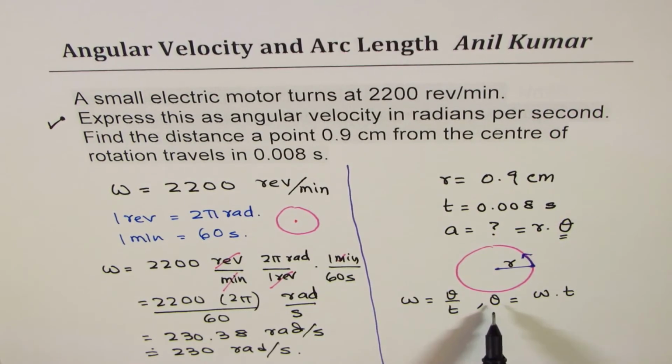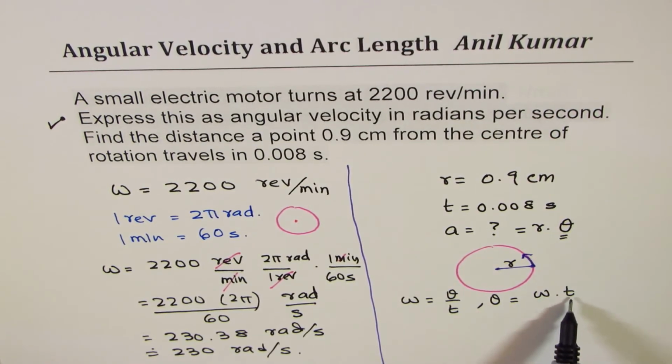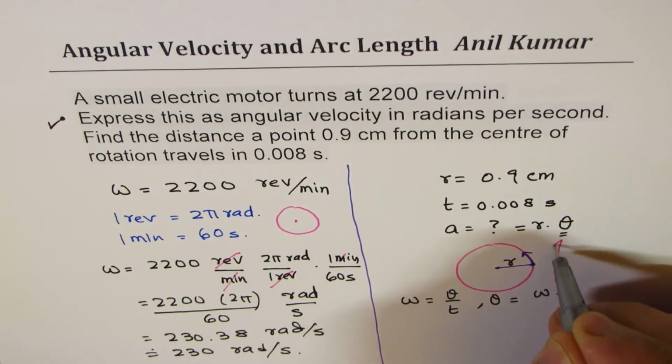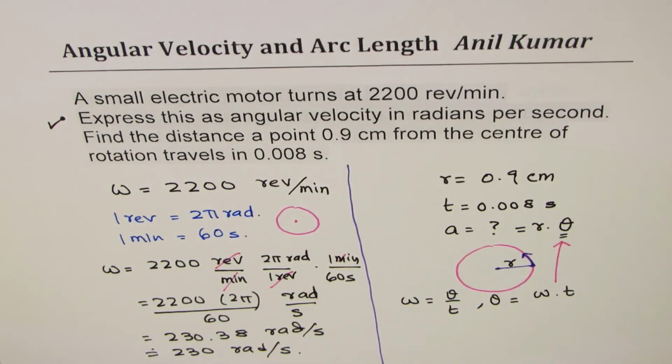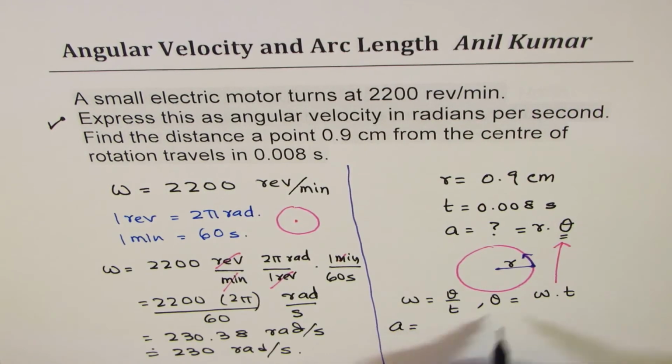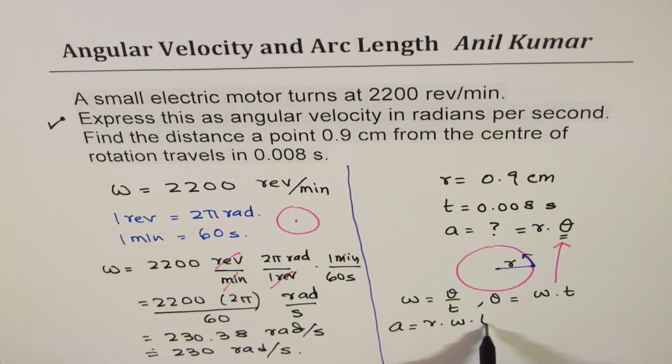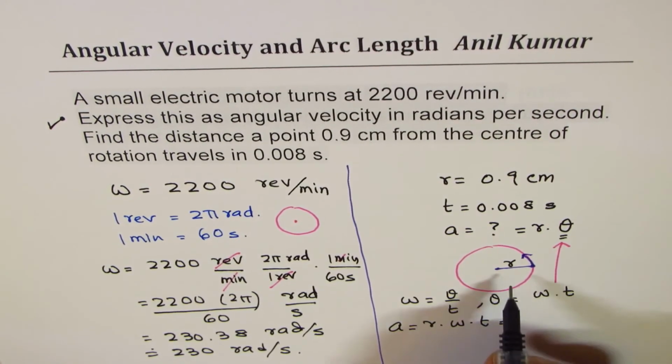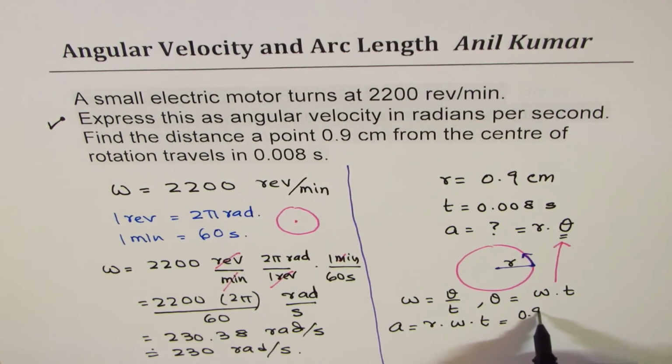Perfect. Now since theta is angular velocity times time, I can substitute it right there, correct? And so we get our new formula. A, arc length or distance moved, is r times omega t. Is it okay? So r is given to us, 0.9.